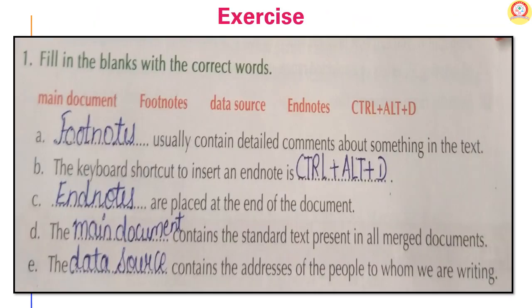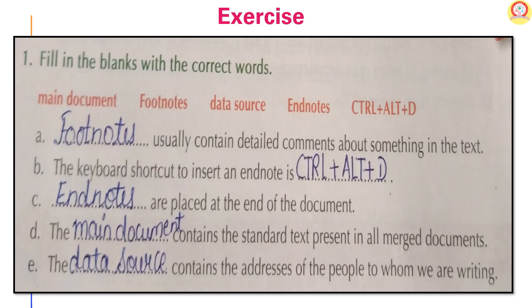Children, now open your textbook, page number 30, question number 1. Fill in the blanks with the correct words. A. Footnotes usually contain detailed comments about something in the text. B. The keyboard shortcut to insert an endnote is Control plus Alt plus D. Okay.